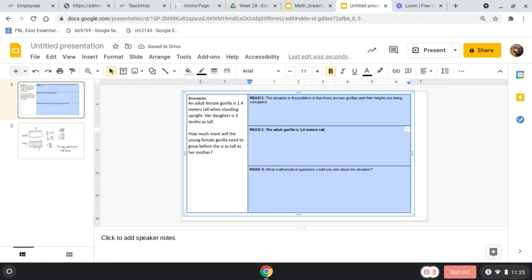Another very important quantity that is represented in this problem is that the daughter gorilla is 3/10 as tall as the mother gorilla, or the female gorilla. So those are two very important quantities that we should know so that we can execute this problem and solve it. Sorry, I'm just making the font a little larger for you all.